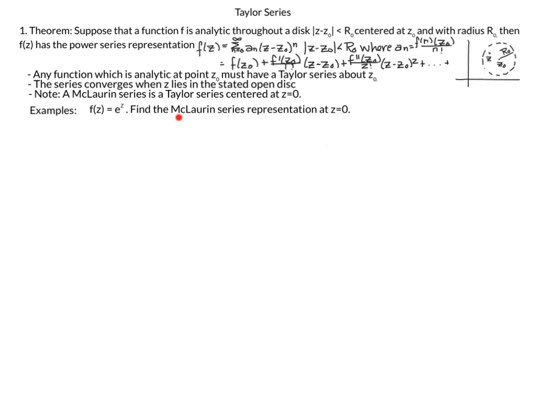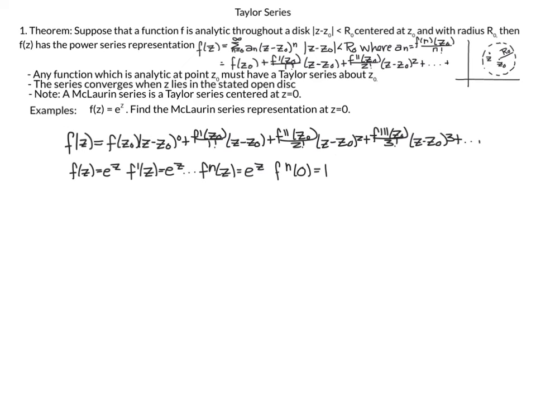Our first example is to find the Maclaurin series representation at z equals 0 of f of z equals e to the z. And I'm going to start again by expanding this formula out. So for n equals 0, we have our a sub n is equal to the 0th derivative of f, which is just f. So we have f of z, and then z minus z naught to the 0, which is just 1.